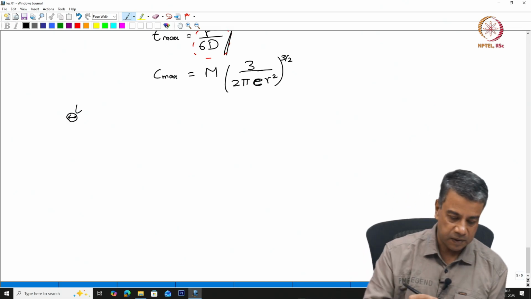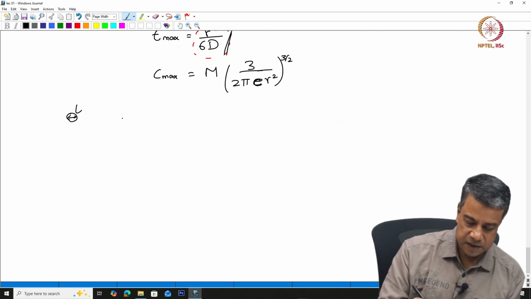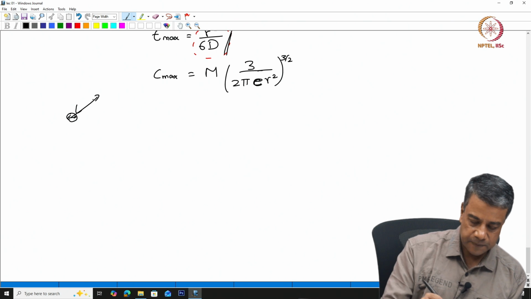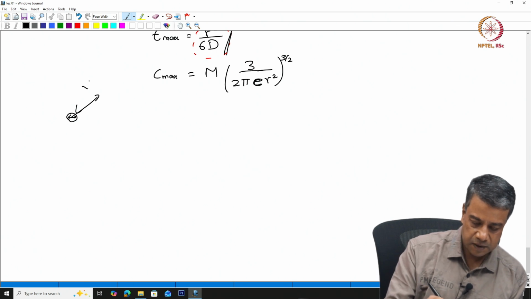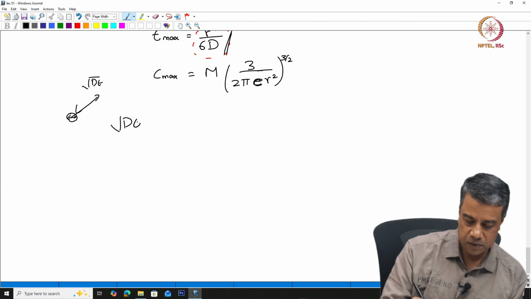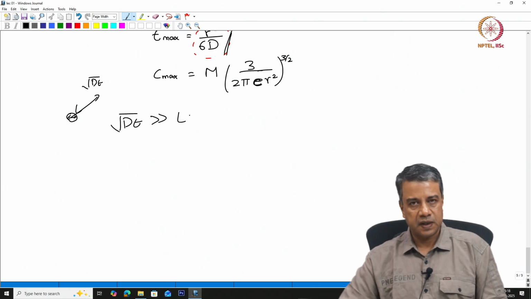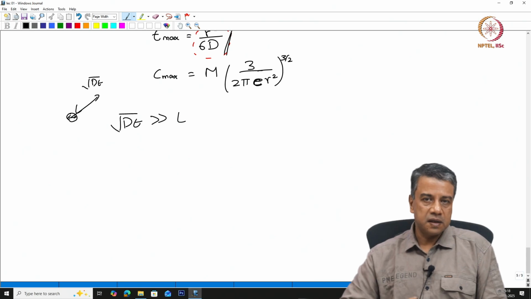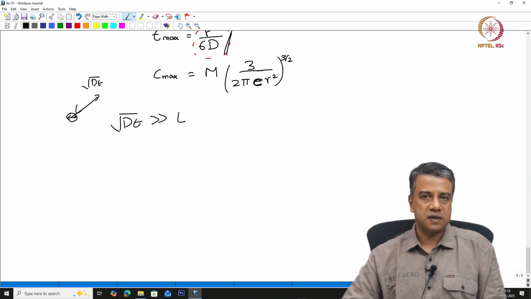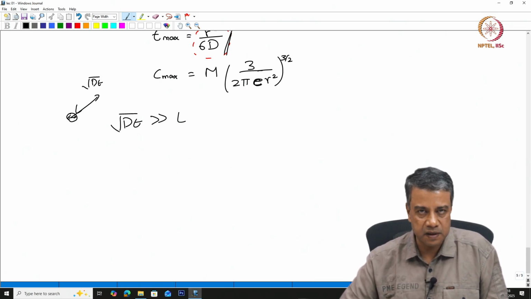However, when it spreads such that the radial distance, which is root dt, becomes much larger than the size of injection, then you can consider the initial injection as a delta function because it is of infinitesimal distance.